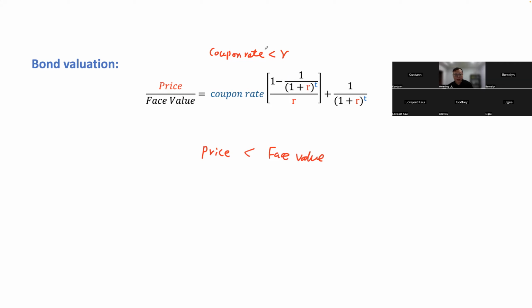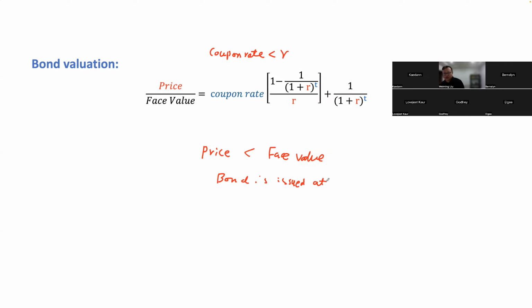So why? Why is the price lower when the coupon rate is less than R? When the price is lower, we are saying the bond is issued at a price lower than the face value, at discount or at premium?